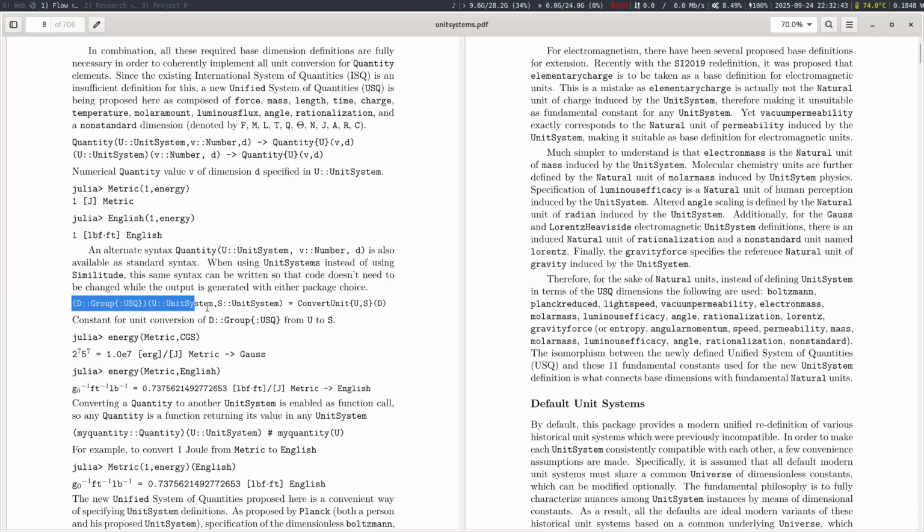So the convert unit type is a constant for unit conversion of the group elements from U to S. So if we have 2 unit systems, U and S, then this is the unit conversion. So like energy metric CGS produces a convert unit.